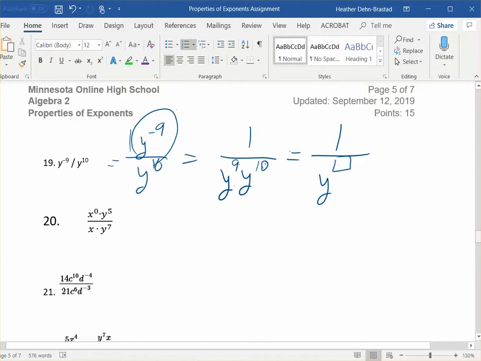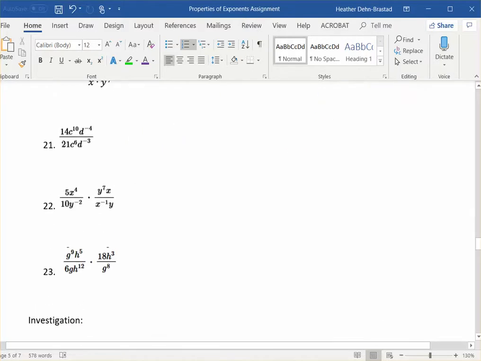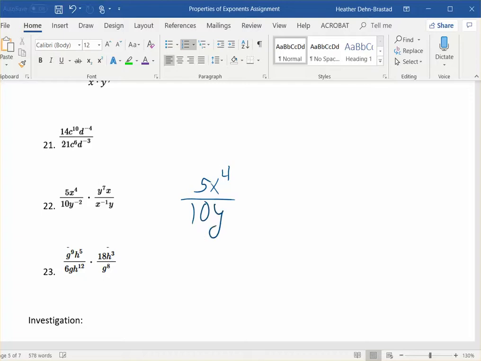Let's look at number 22. So 22 looks like there's so much stuff going on. Let's write out what we got. We got 5x to the 4th over 10y to the negative 2nd times y to the 7th x to the negative 1 y.